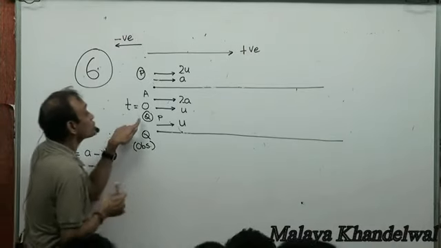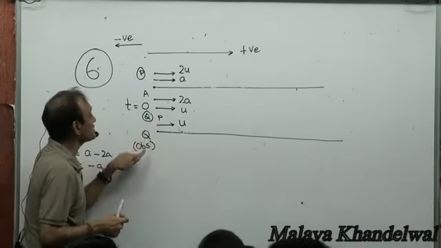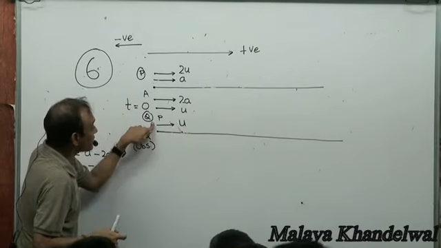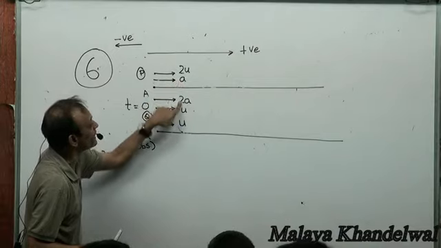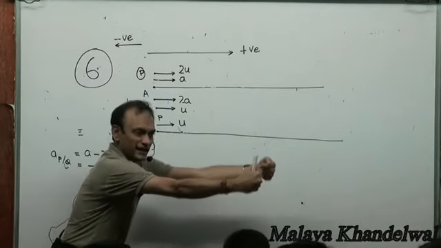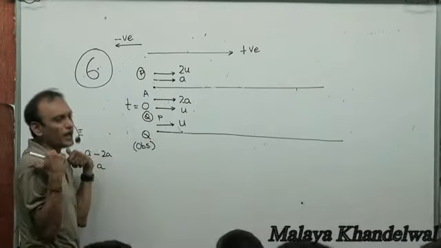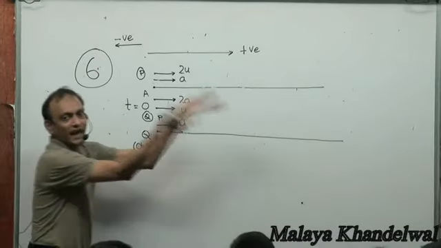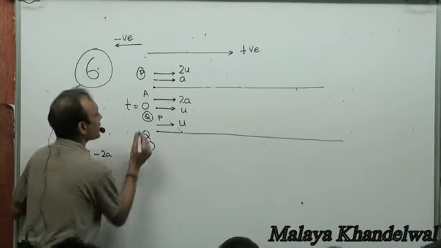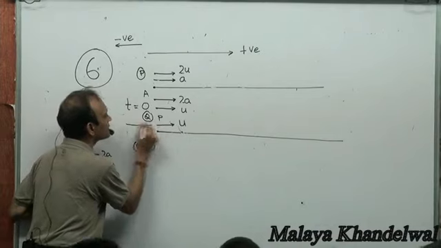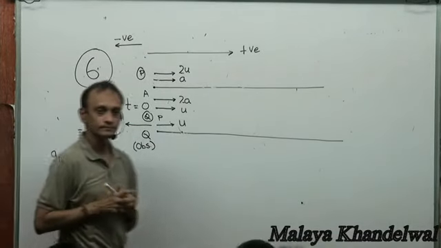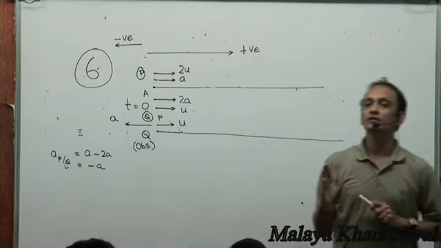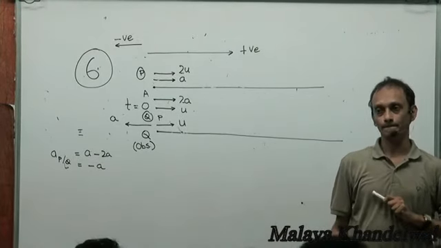So velocity of P as seen by Q is u, and acceleration of P as seen by Q is minus A, which is like A to the left. So acceleration of P in this scheme of things is going to be A leftwards. That's my equivalent problem. Yes or no?